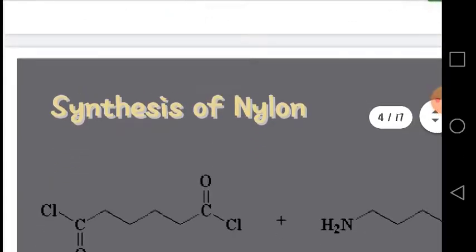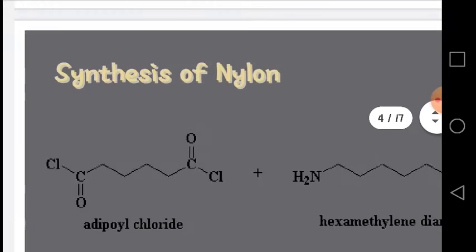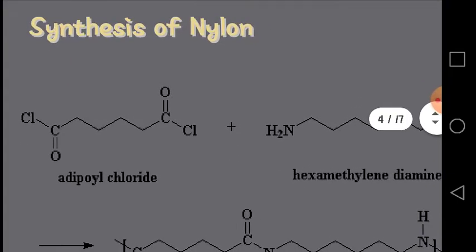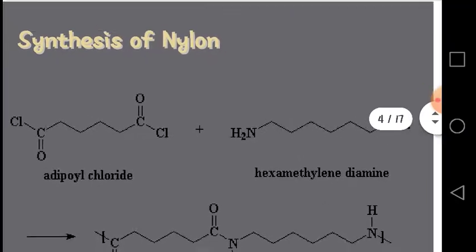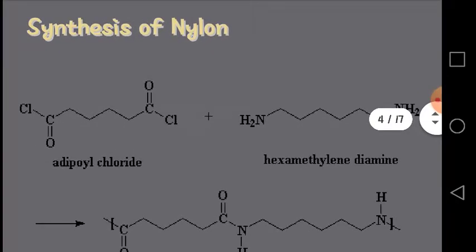The synthesis of nylon is done by the process of condensation polymerization. Here we can see the two monomers being used, hexamethylene diamine and adipoyl chloride.